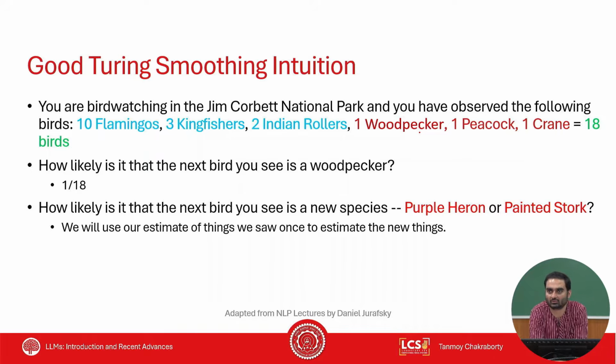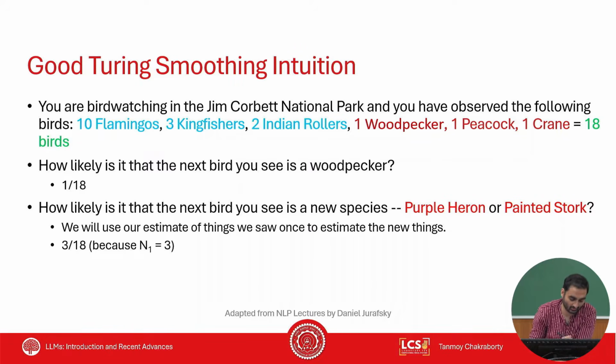So how many count 1 are there? What is N1? 3. So to estimate this, I will use N1, and based on that, I will measure the probability. So this will be N1 by the total birds, 18. So 3 by 18.